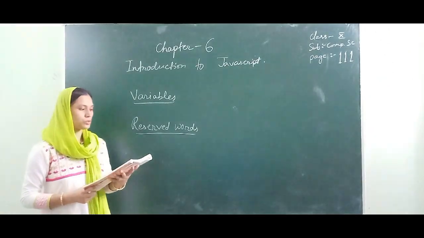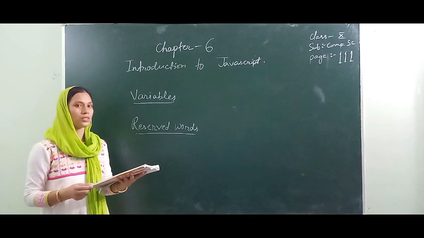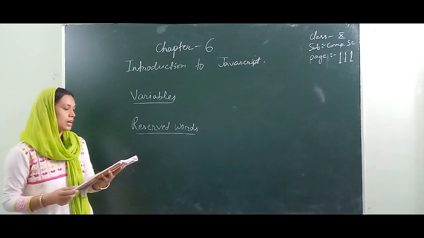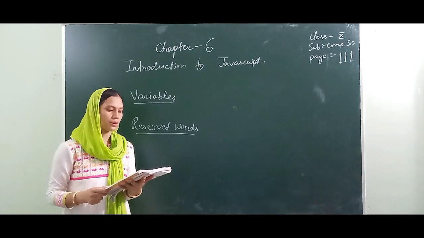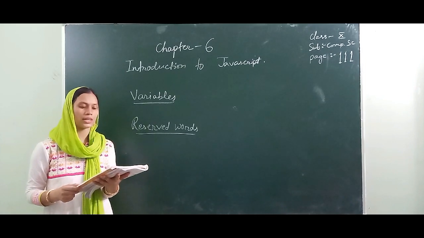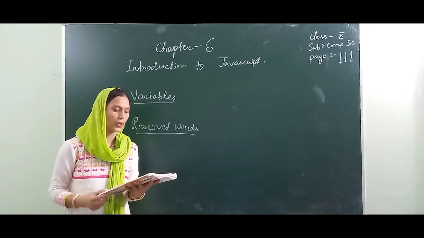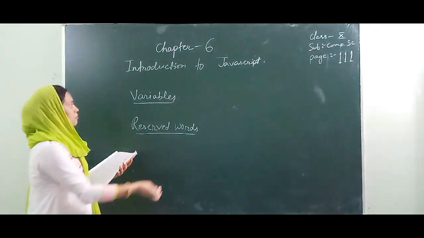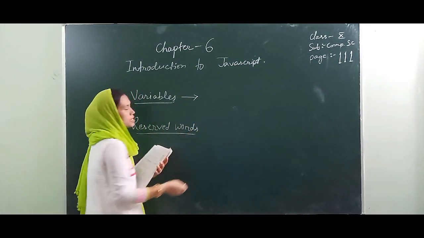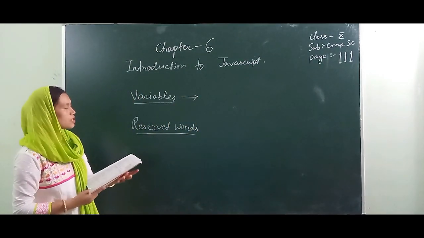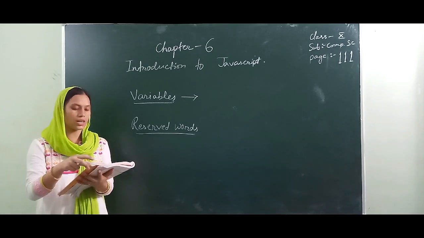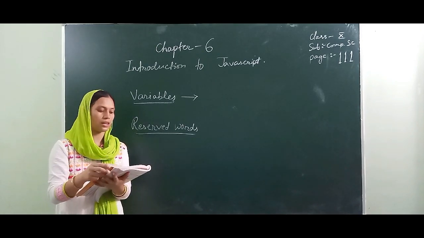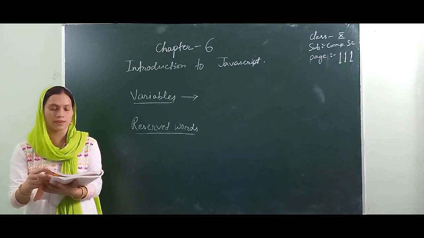Variable. Next, let's go to the variable, page number 113. A variable is a named storage area where a value is stored and can be retrieved later when required. First we need to understand what a variable is. Here in your book it says that a variable is a named storage area.